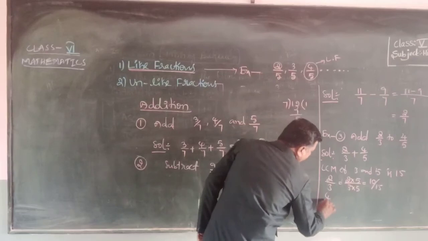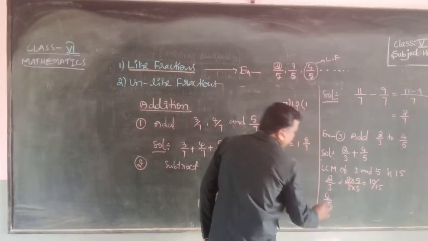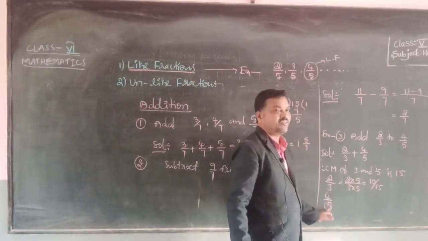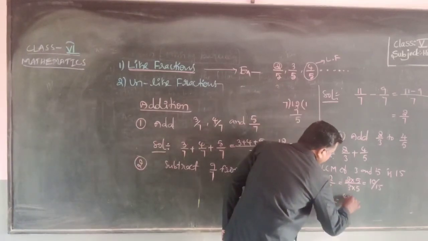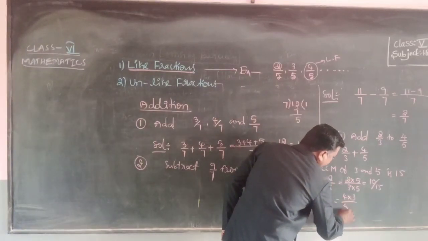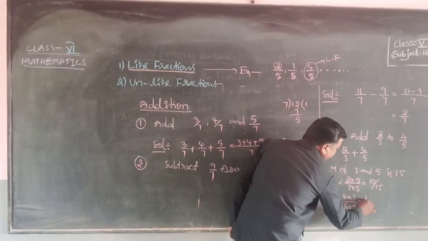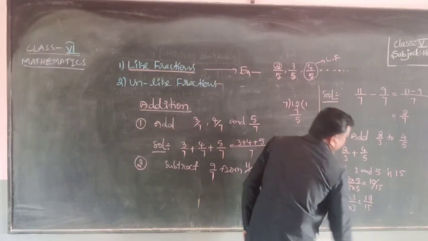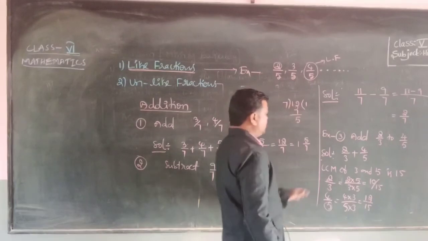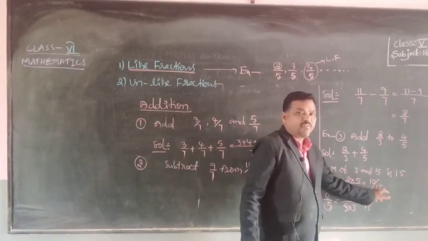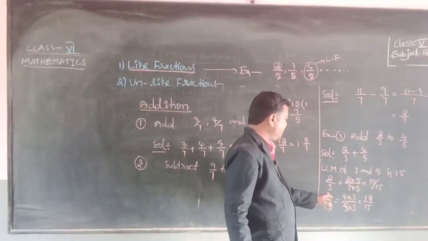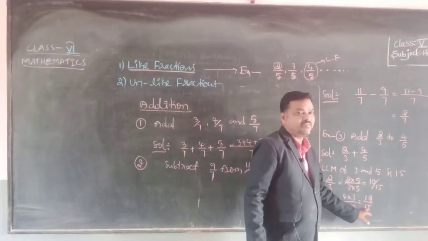Second, 4 by 5. The denominator is 5, so we multiply numerator and denominator by 3: 4 into 3 by 5 into 3, which is 12 by 15. So the equivalent fraction of 2 by 3 is 10 by 15, and the equivalent fraction of 4 by 5 is 12 by 15.